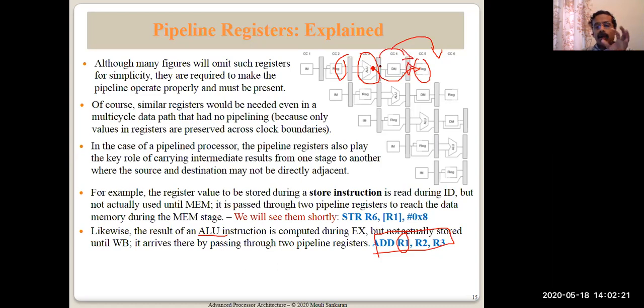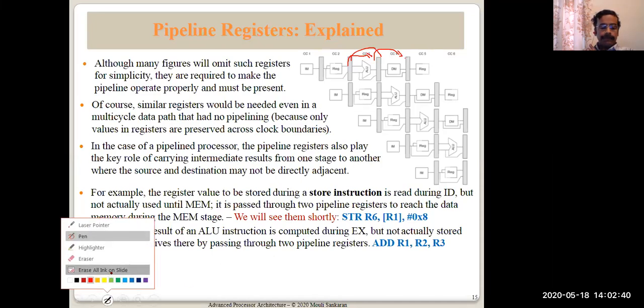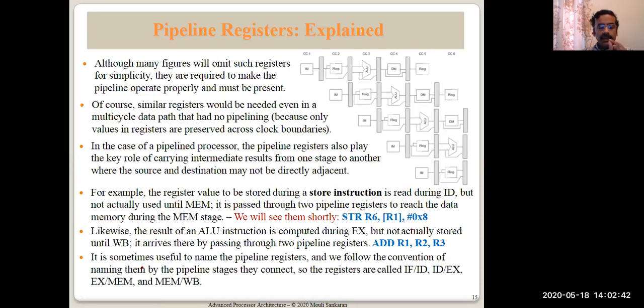So apart from whatever you see here, there is some direct connection from pipeline register to pipeline register, which is passed across. I'm just explaining the purpose of pipeline registers and what they are doing. They pass the values across the pipeline. It is directly connected, which is not shown in the picture. It is sometimes useful to name them, which is named already. We know this already.